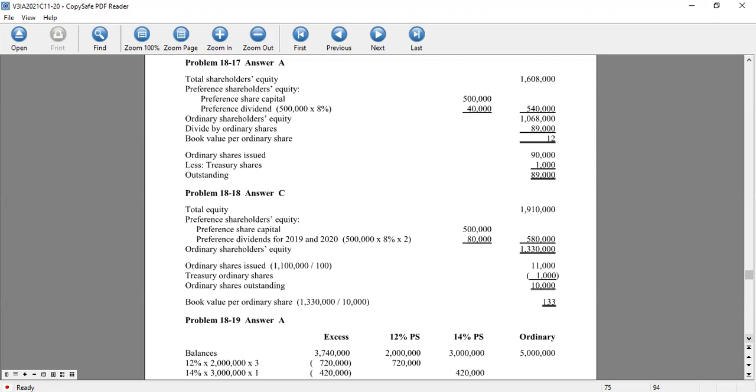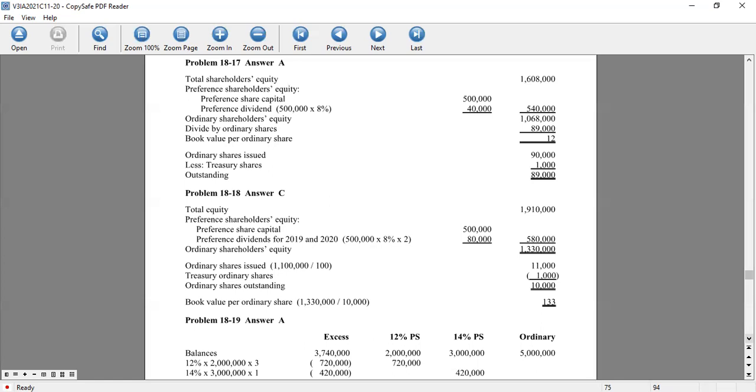The number of outstanding shares for ordinary is 89,000. So dividing the ordinary shareholders equity of 1,068,000 by the outstanding ordinary shares of 89,000, the book value per ordinary share is 12.